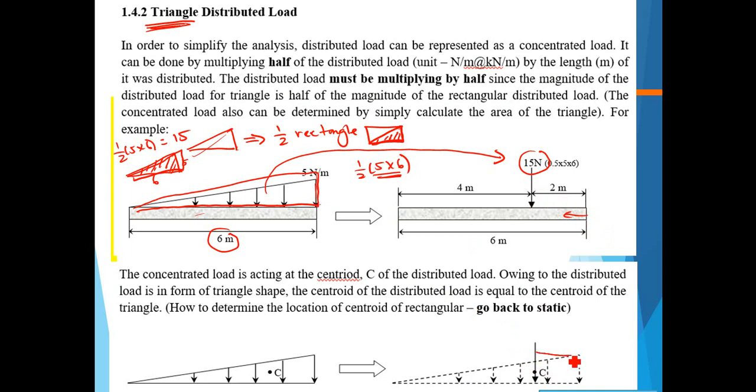Here it is H/3, which is 6/3 equal to 2, so you get 2 meters. That's how we convert from distributed load into concentrated load and position it at the right location.